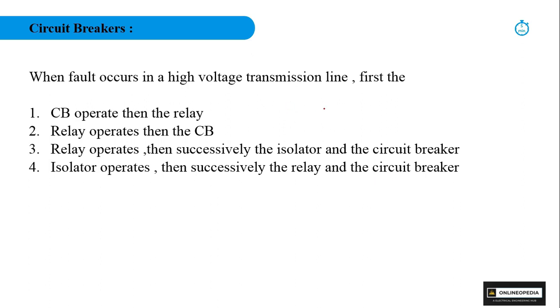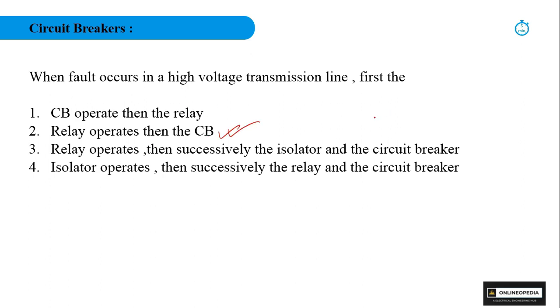So basically, when a fault occurs in a high voltage transmission line, first the relay operates, because the relay is a sensing device. It senses the fault and sends the trip signal to the circuit breaker to isolate the faulted line. Is it clear?